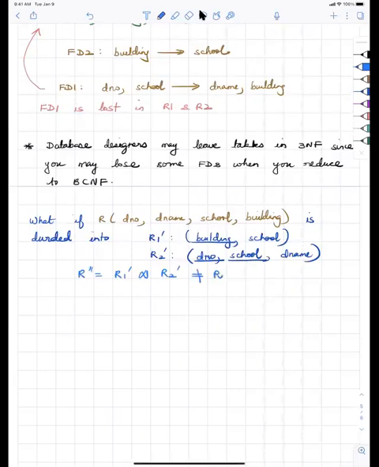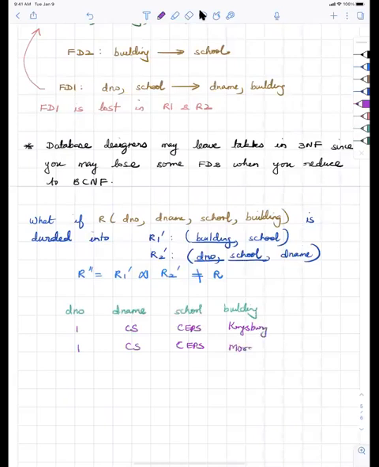If you try this out, you can check it out. If you join them both together, you're going to get these, and you'll get more. There are other rows also.